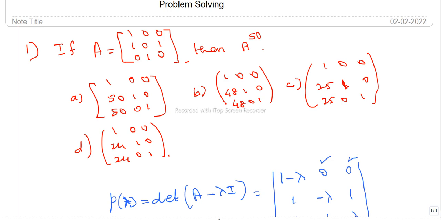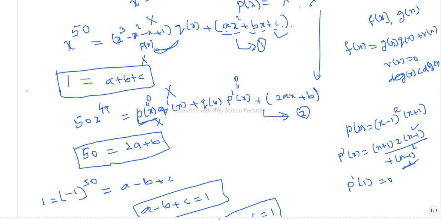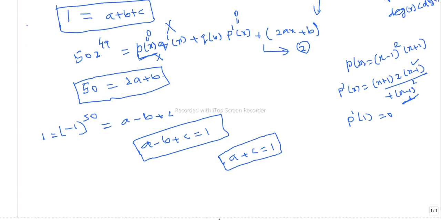Sir, a plus c is equal to 1 is also an equation, sir. Yeah. Oh, so then b is... So, yeah, thank you. So now substitute here. A plus c is 1, therefore b should be 0, right?